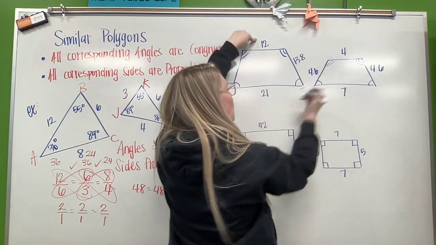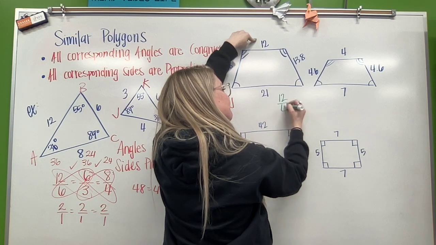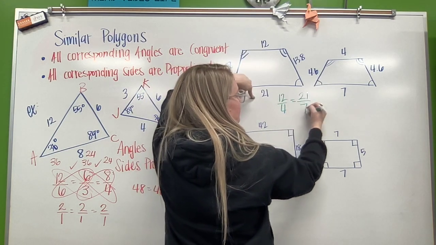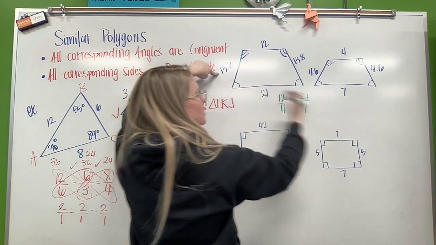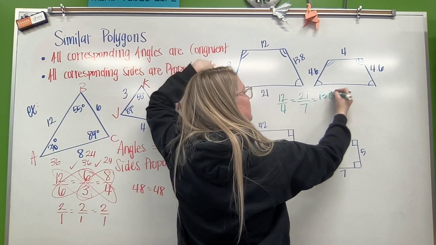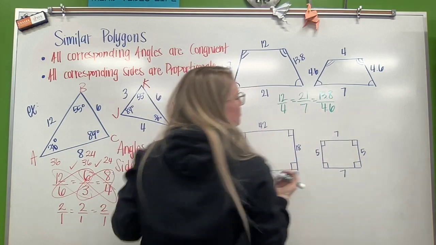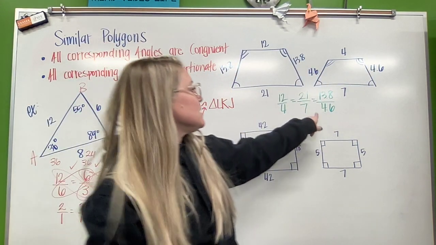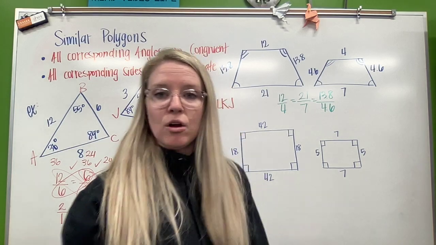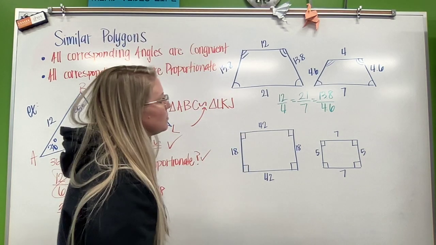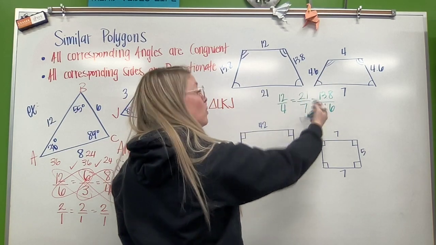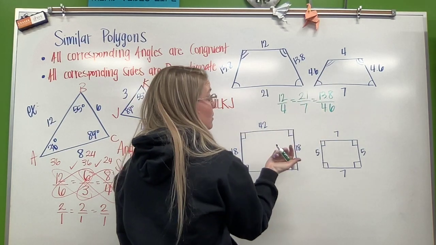I have 12 to 4, and then 21 to 7, and then 13.8 to 4.6. I don't need to test the fourth side because it's still just going to be 13.8 over 4.6.